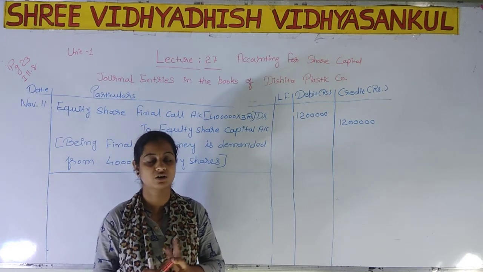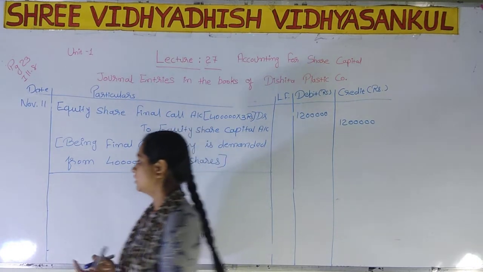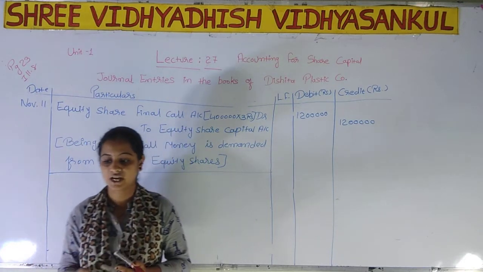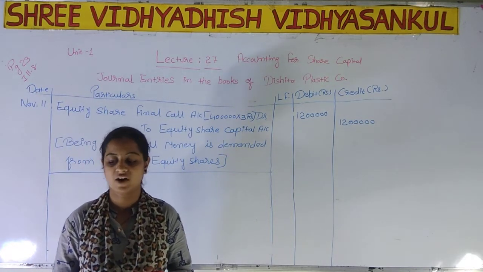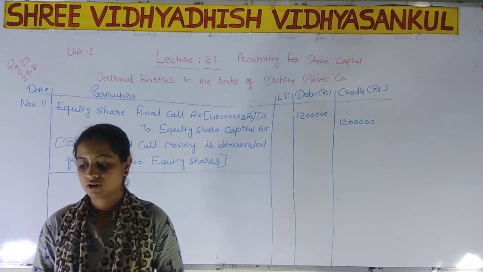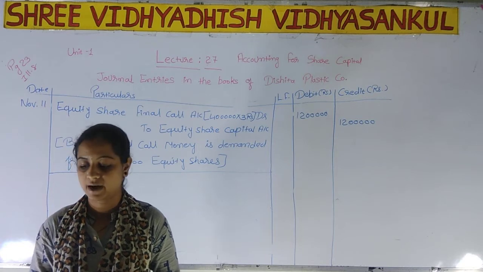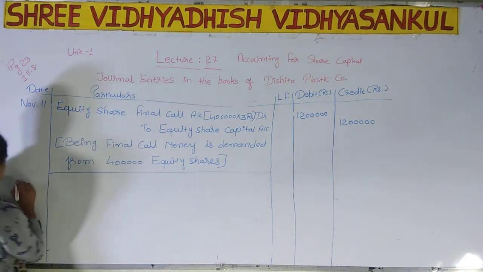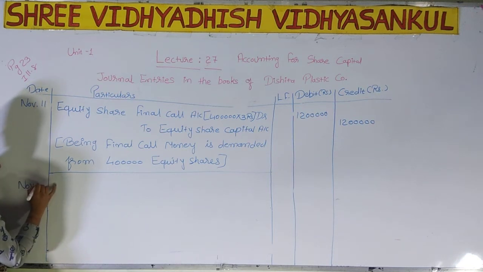But here we don't have to write the bank account, right? We'll only give the effect of call in arrears, right? So now check the date on which we have received final call money. See, amount due on final call was fully received by 21st November 2017. So here we have to write November 21st.